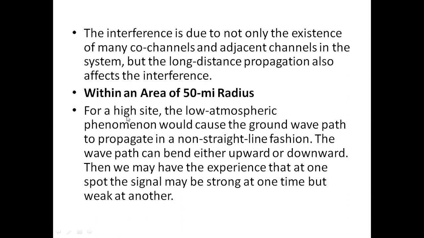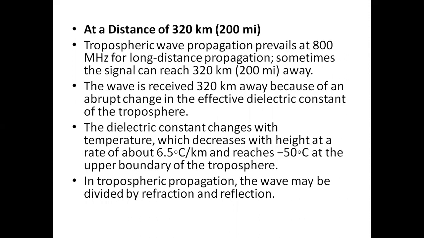Even though you increase the height of the antenna, because of these atmospheric conditions there is some bending of the wave. It can bend either upward or downward, and we can get a strong signal at some spots and a weaker signal at others.